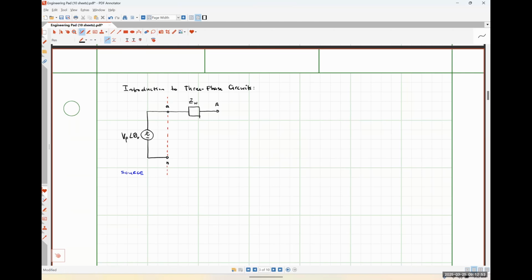I'm going to call that terminal capital A. And then down here on the bottom, I'm going to give myself an impedance ZN. Let me put that on top, actually. And this is the impedance of my neutral conductor that connects my source to my load. And as we saw in the last example that we worked, those two impedances, our wire impedance and our neutral impedance, don't necessarily have to be the same things.